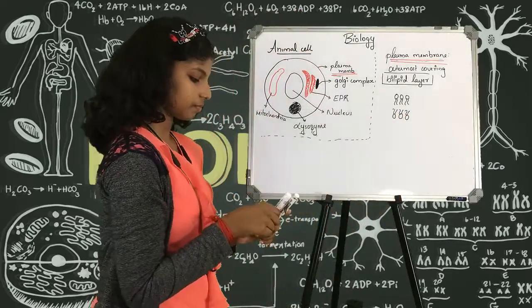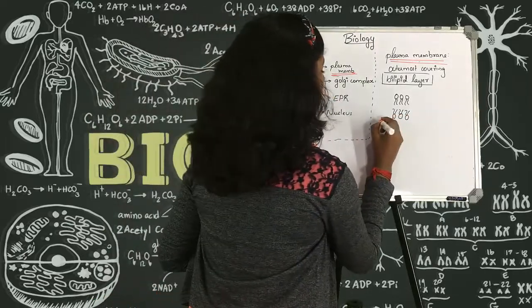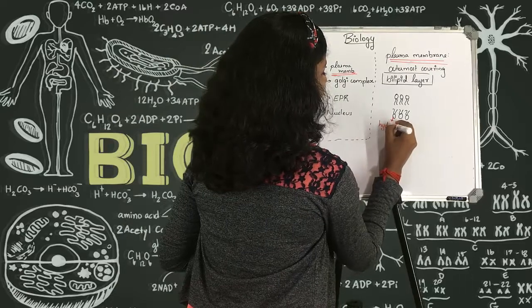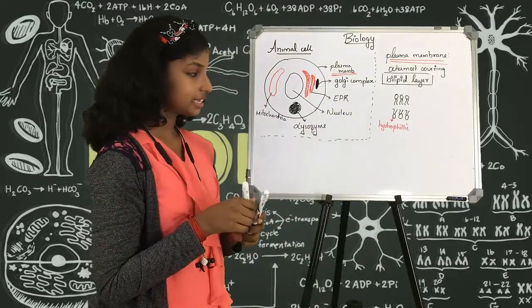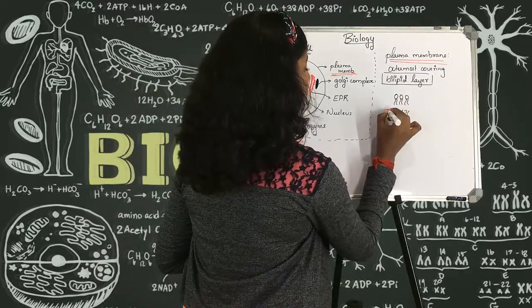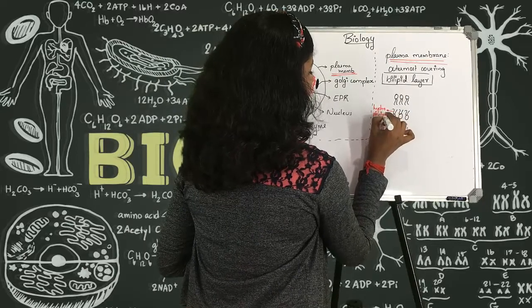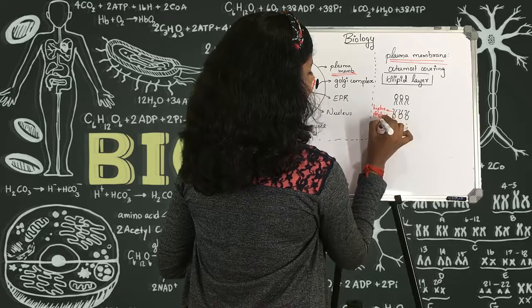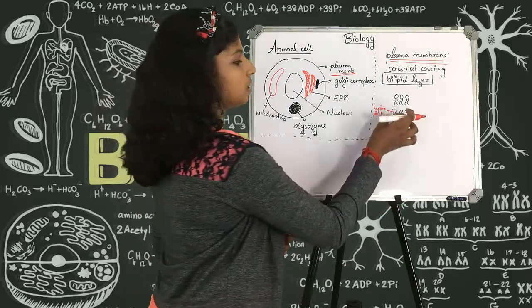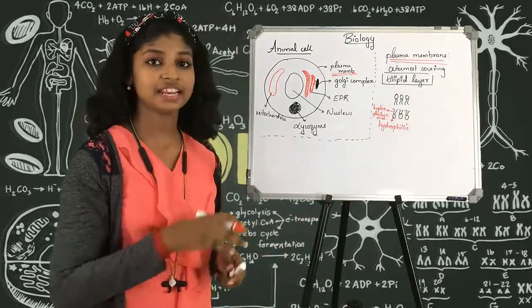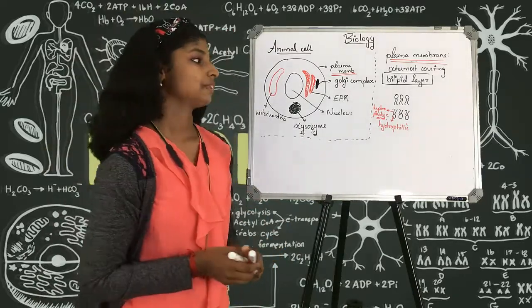Okay, well, the round thing is known as the hydrophilic end, and the tail end is known as the hydrophobic end. So this round portion is known as the hydrophilic end, and the tail end is known as the hydrophobic end.